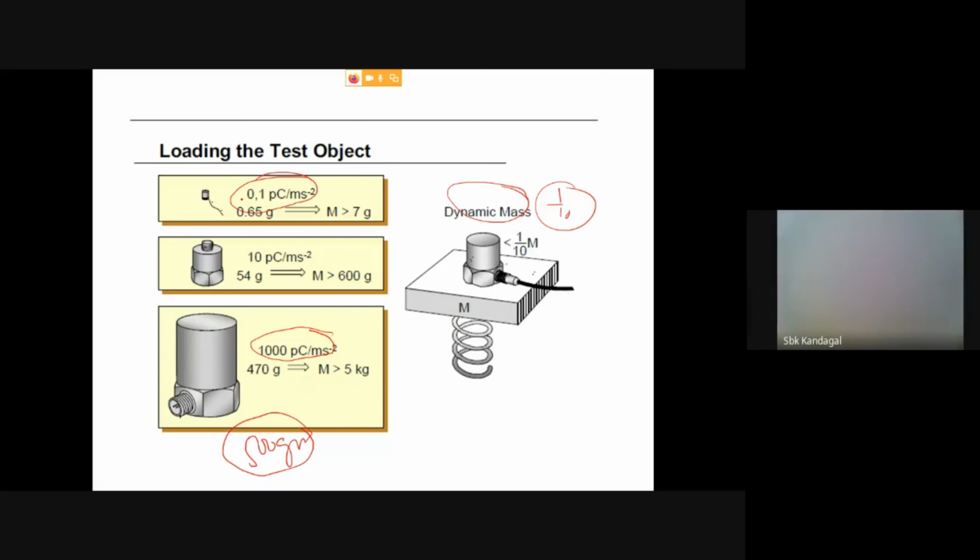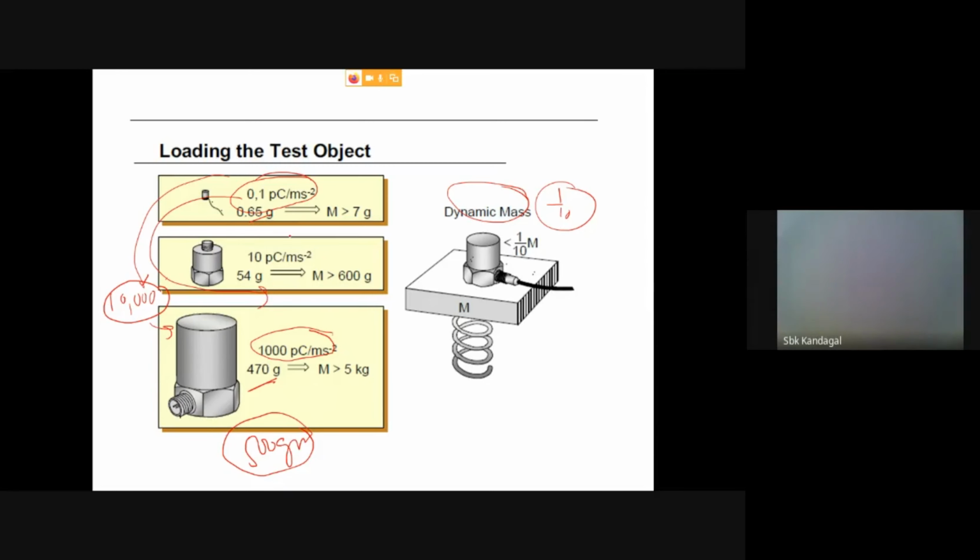You can see the gain here: this is 10,000 times higher sensitivity-wise than the small one. Weight-wise also you see, this is 0.65, this is 470.